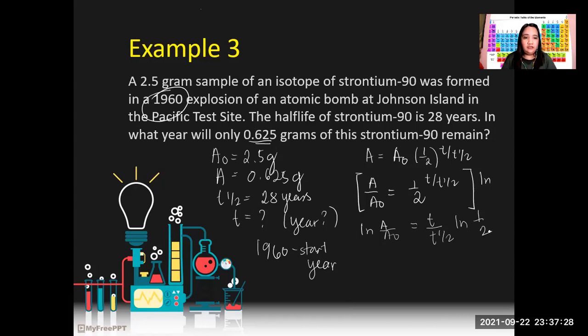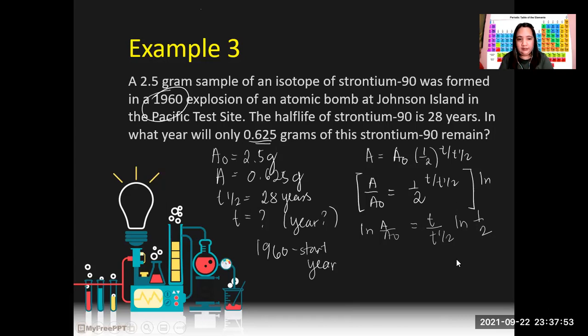Remember, in the rules of logarithms, if you take the natural logarithm of both sides, the exponent will come down and we retain the natural logarithm of whatever is left. So we have to isolate t in this equation.